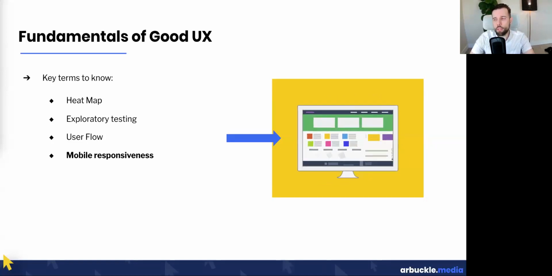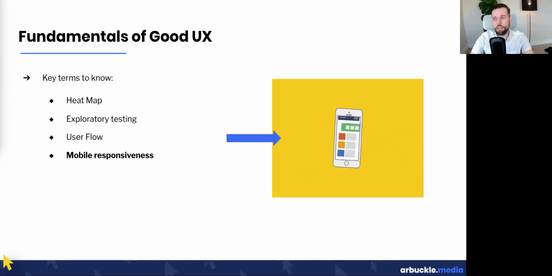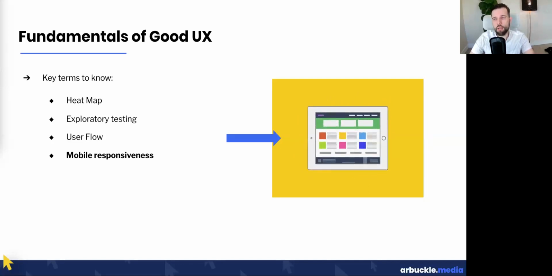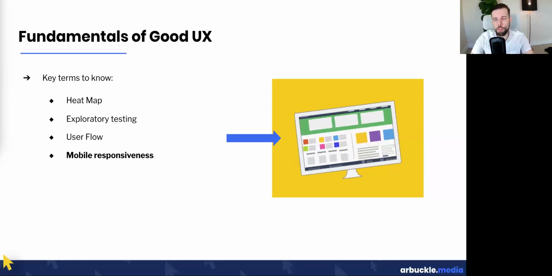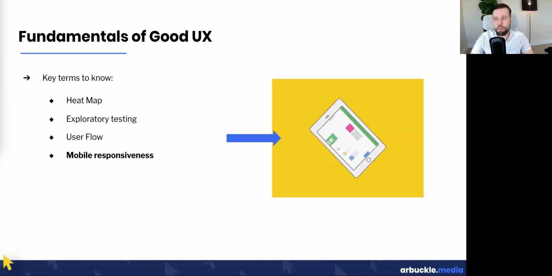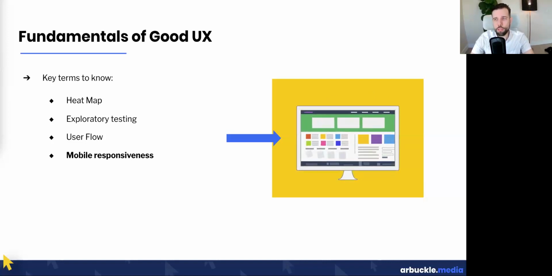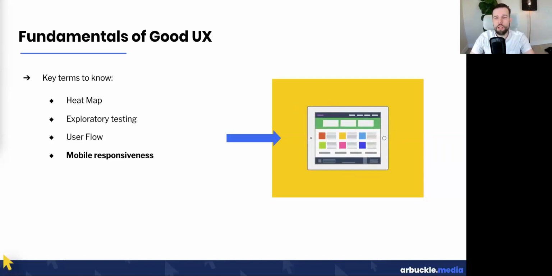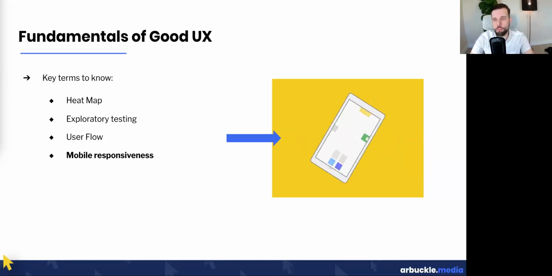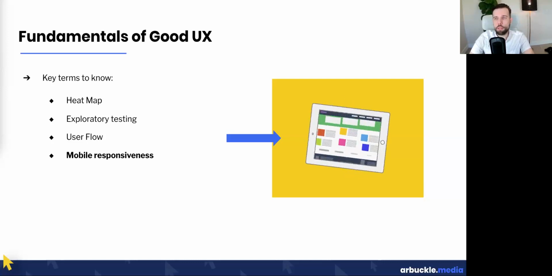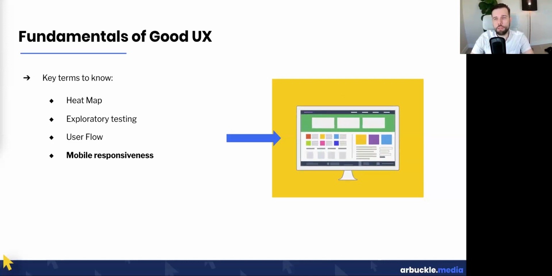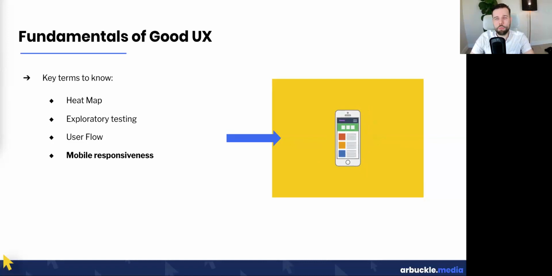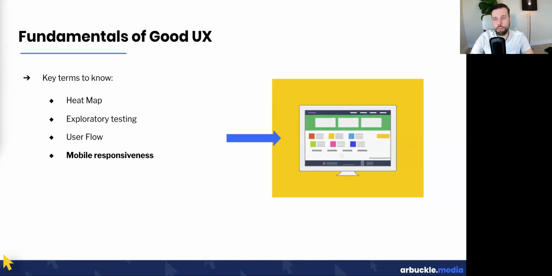Mobile responsiveness really means it doesn't matter what screen size you're looking at, it doesn't matter what type of device or browser you're using: is your website going to share the same or similar enough experience? As a user, I want to have the same experience on a website, or be able to achieve the same goals, regardless of what device I'm using at the time.